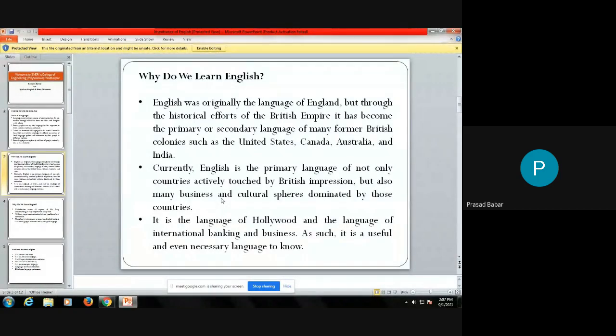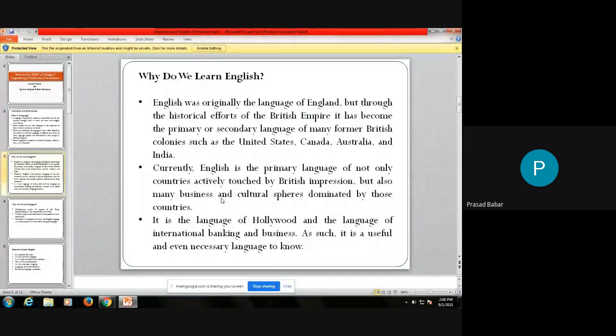So Britishers not only brought their language, but they also brought their business and culture to these colonies.